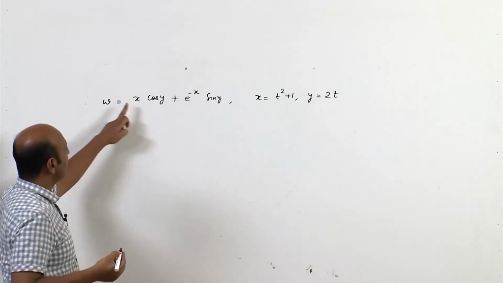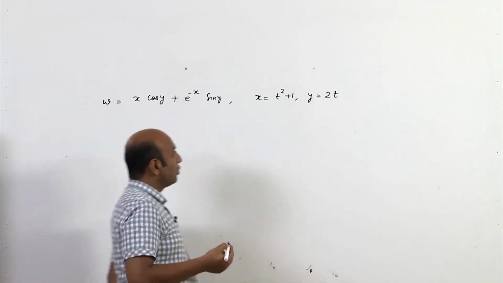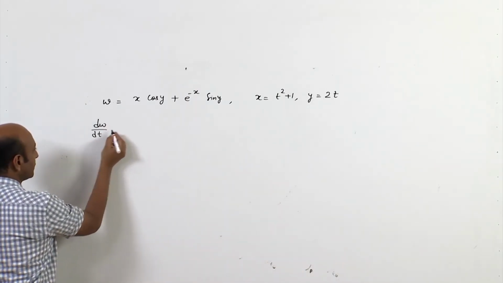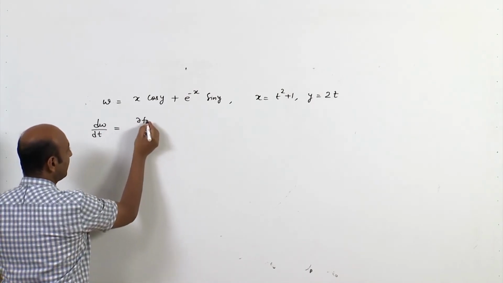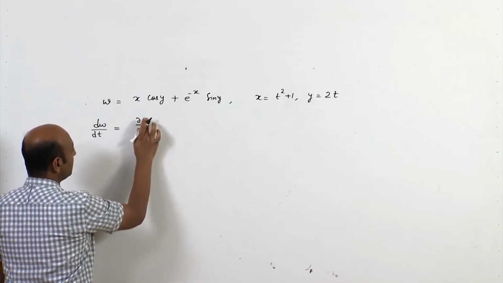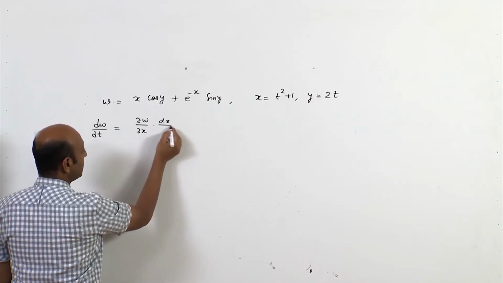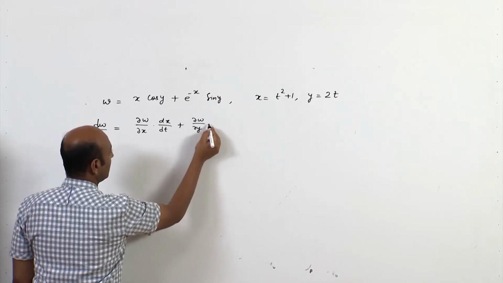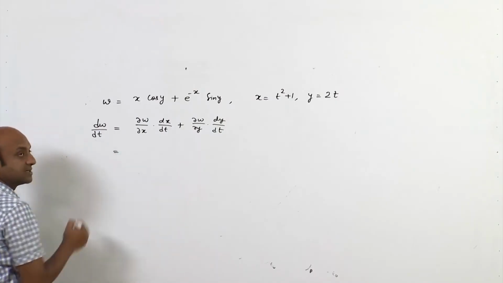So, w is a function of x and y, both are functions of t. So, we want to compute dw by dt. So, how can we compute dw by dt? It is del w by del x into dx by dt plus del w by del y into dy by dt. By the chain rule we can say this.